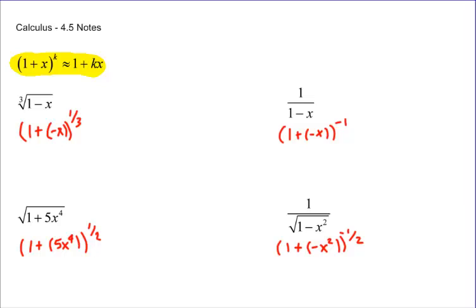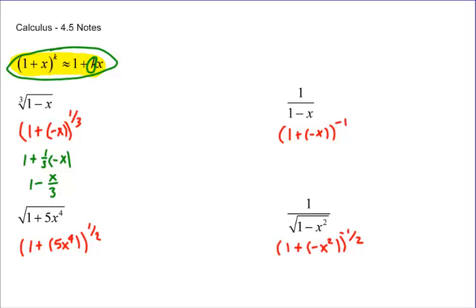And then once we've got it in that form, we just follow the rule. So when I go to linearize this, I'm just going to have the exponent times whatever the x is. So 1 plus 1/3 times negative x, which is 1 minus x over 3. That's it. That's all there is to it.